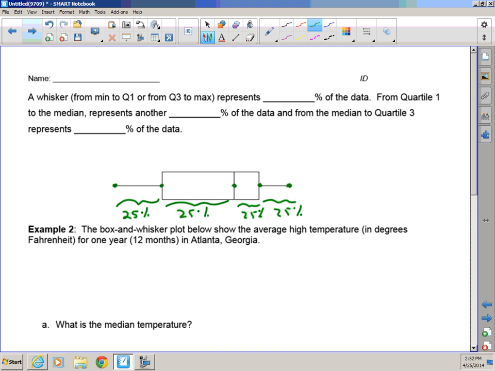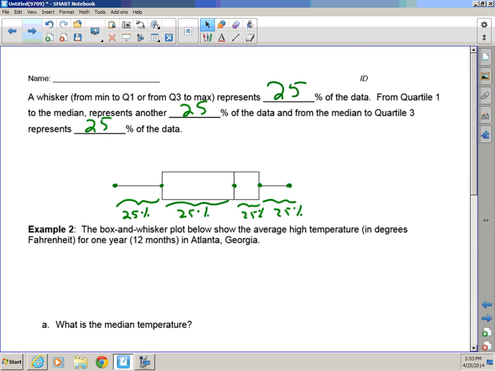So from the minimum to Q1 and from Q3 to the maximum each represent 25%. From Q1 to the median, another 25, and from the median to the quartile 3, 25%. Now, all that means is that 25% of the data values fall into that area.